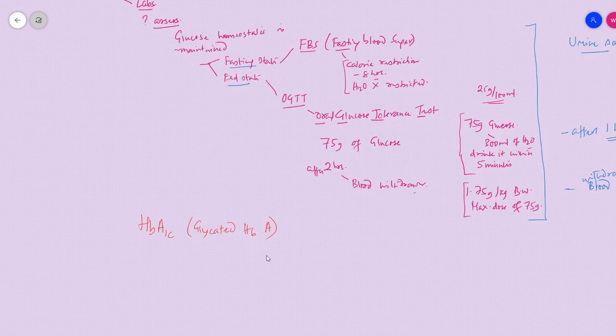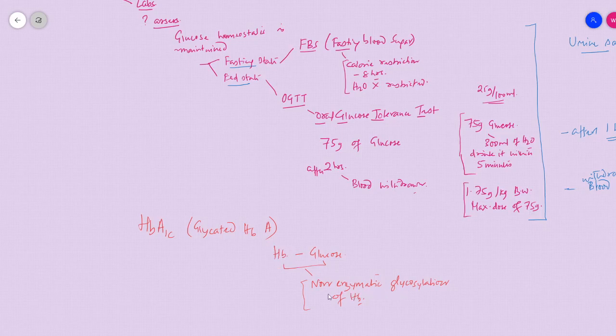So what is this HbA1c? What happens is, if hemoglobin is in the presence of glucose, then there is a non-enzymatic glycosylation of hemoglobin. The hemoglobin would be glycated, or the glucose molecule would get attached to the hemoglobin molecule.